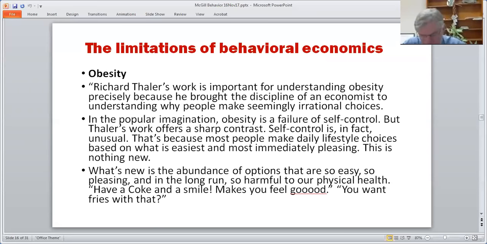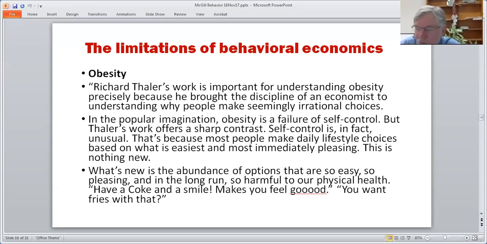Okay, so what I've done so far is pretty much standard. But I want to push back now on behavioral economics and talk about some of the limitations. Richard Thaler just won the Nobel Prize in Economics for his work on behavioral economics.